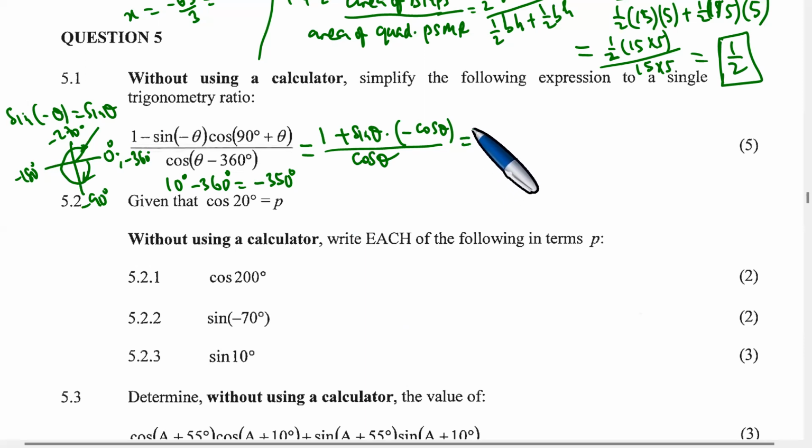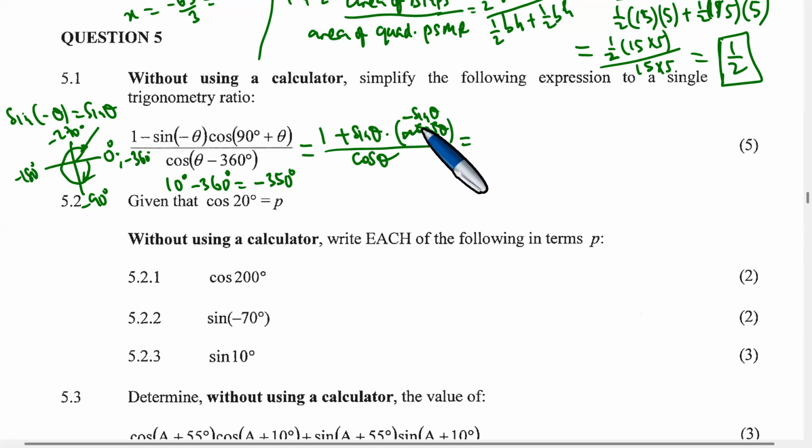So this is actually the same as what? Okay, look, a small typo. There's a cofunction change at 90. The 90 degrees plus is in the second quadrant, but there's a cofunction change, so it becomes minus sine theta.